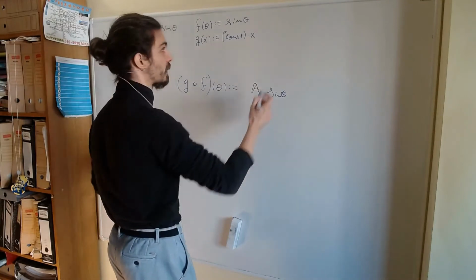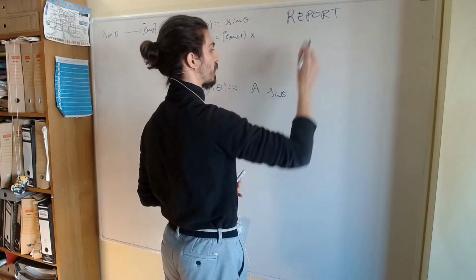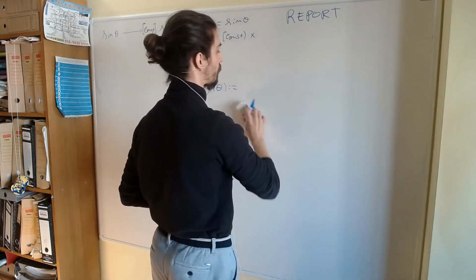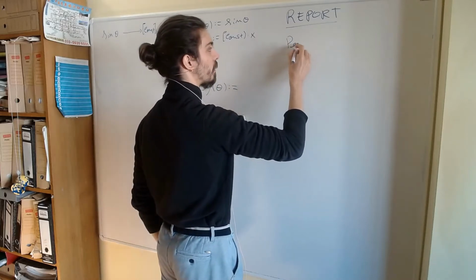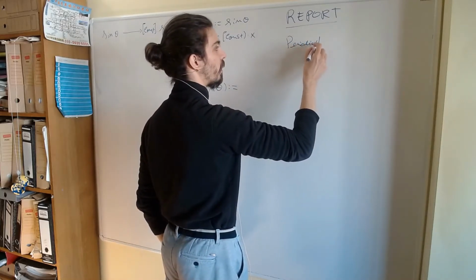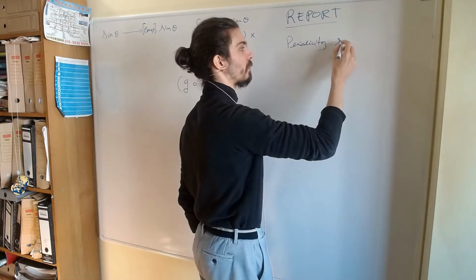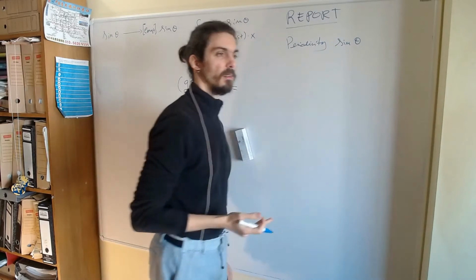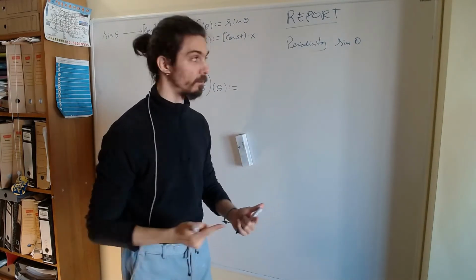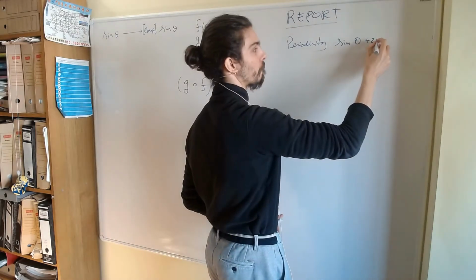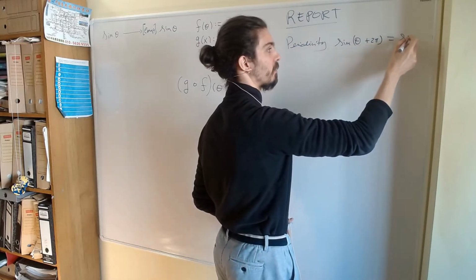So for the case of the sine, from last lecture, I'll report the following information. First, the sine, periodicity. What's the periodicity of that function? Well, if you have sine applied to an angle theta, and you add a full perimeter of the unit circle, that is 2 pi, then the number that you get here is the same as sine of theta.